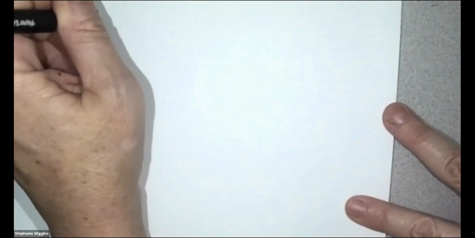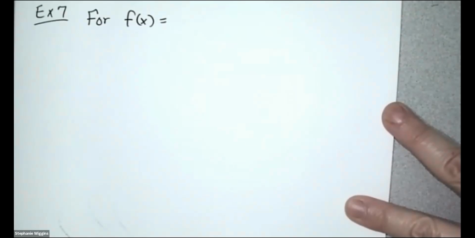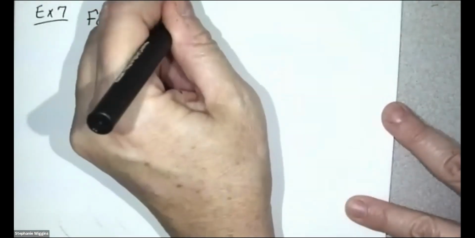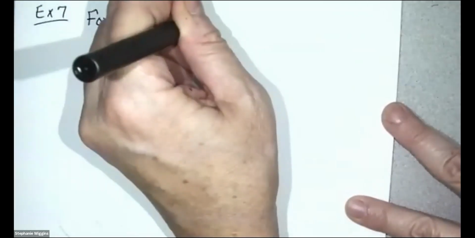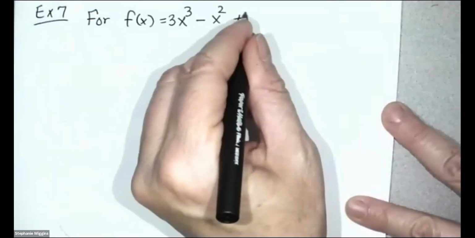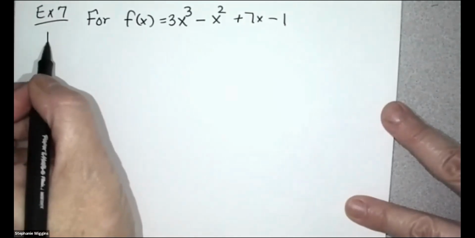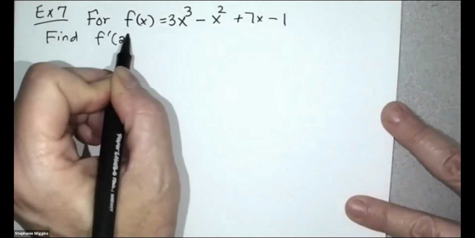You're given a function 3x³ minus x² plus 7x minus 1. And you want to find f prime of 2.